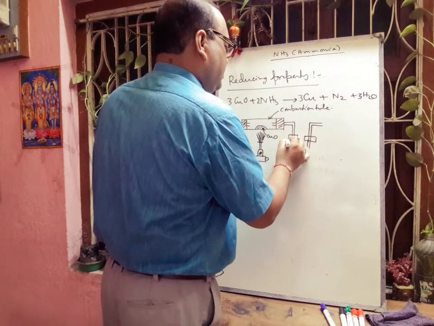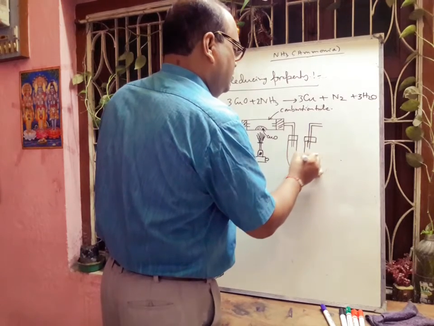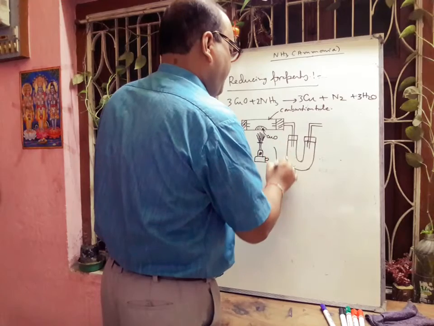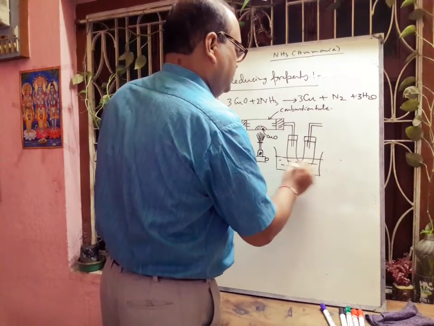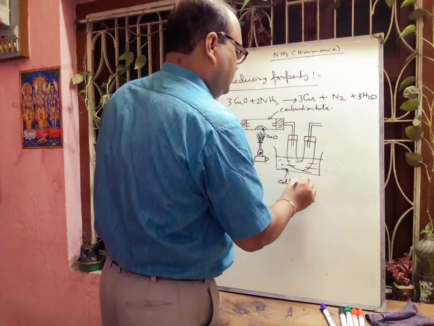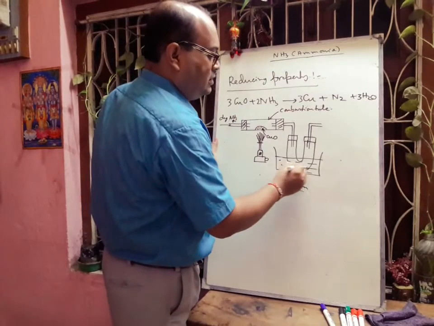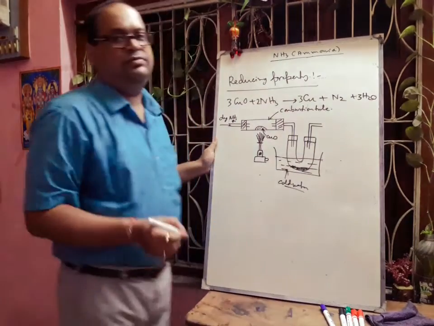So here we are taking one U tube arrangement that will be cooled in a water bath. So here we have taken that cold water, and the water vapor that is produced will be collected here at the bottom of the U tube.